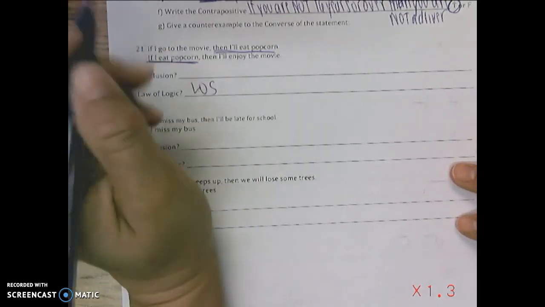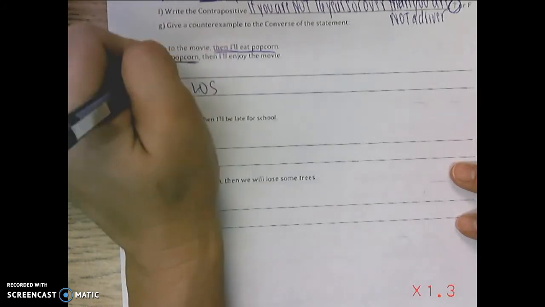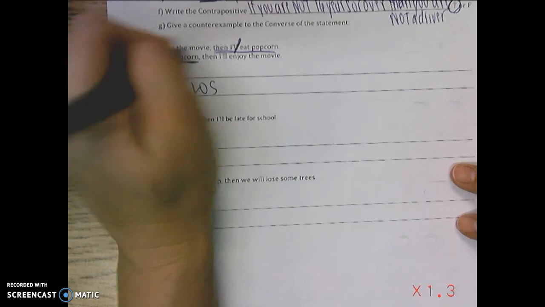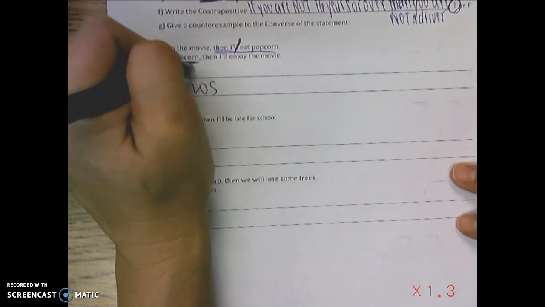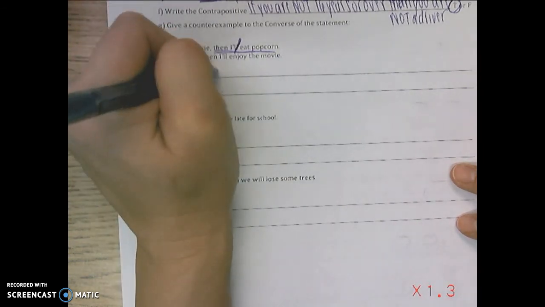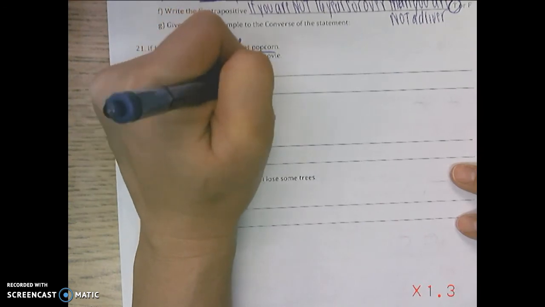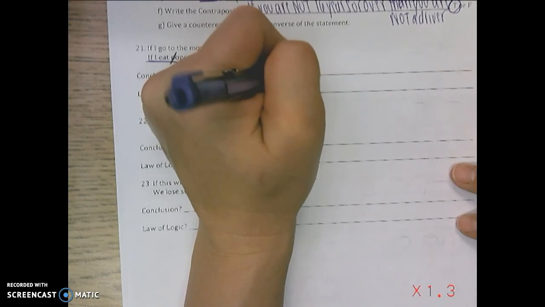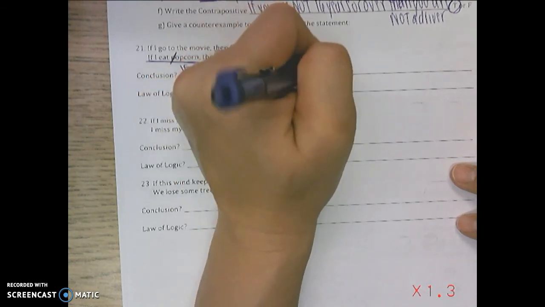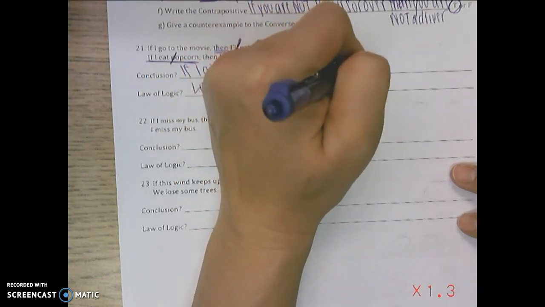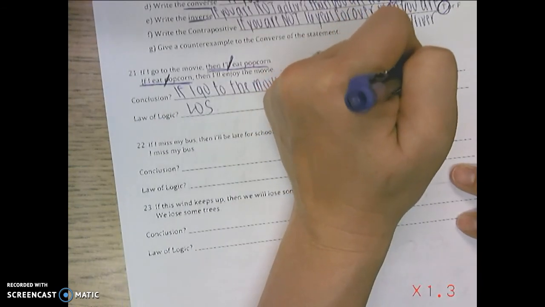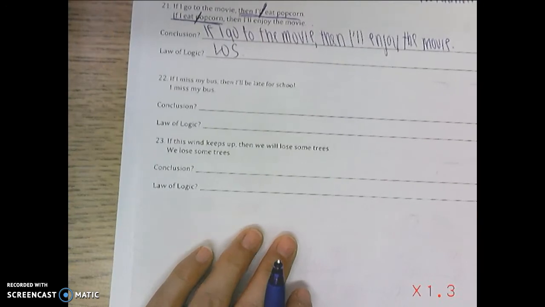So I would just write LOS. And then when that also happens, you can get rid of the commonality, the common term. So if I go to the movie, then I'll enjoy the movie. There you go, law of syllogism.